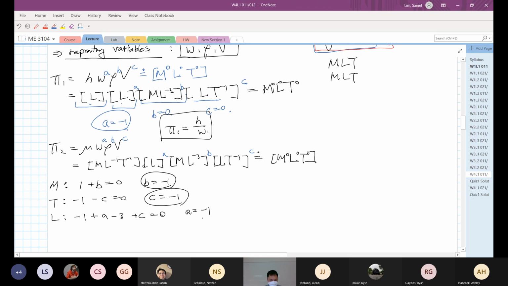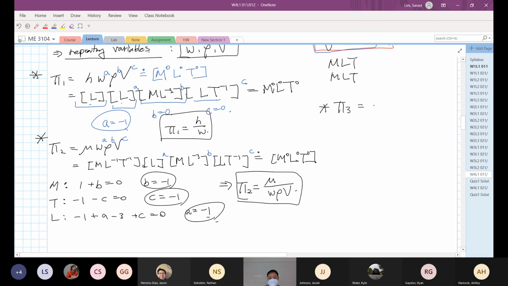It's going to be -1. Okay, so it says pi 2 is we have a mu, then all underneath in the fraction, so W rho V. Okay? This is one. Let's use this space.